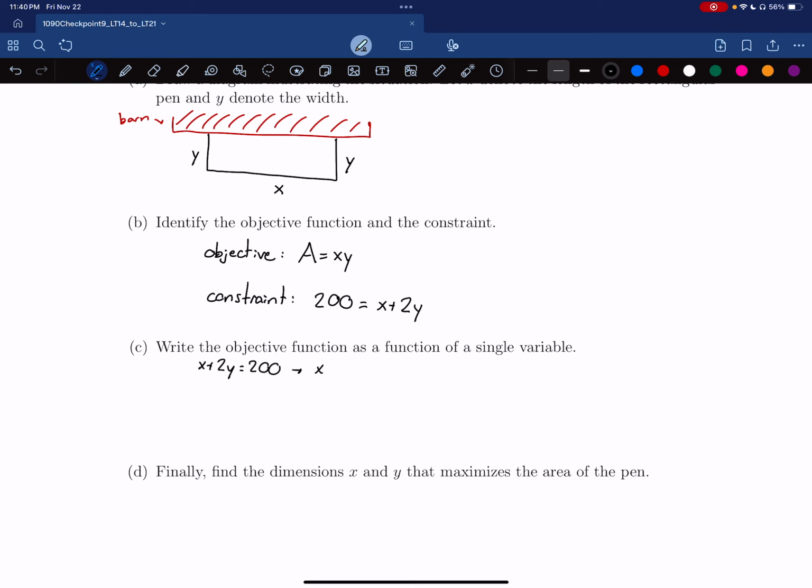So x just equals 200 minus 2y. So from there, I can plug that into my area, my objective function, and I'll get 200 minus 2y times y. And distributing it to make the derivative easier, we'll have 200y minus 2y squared.